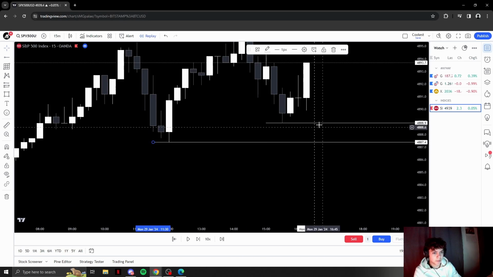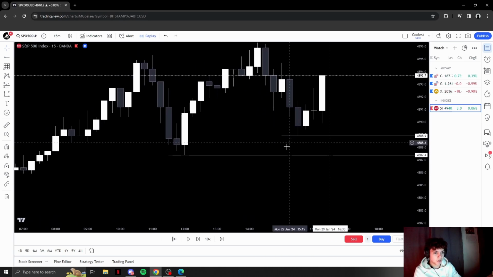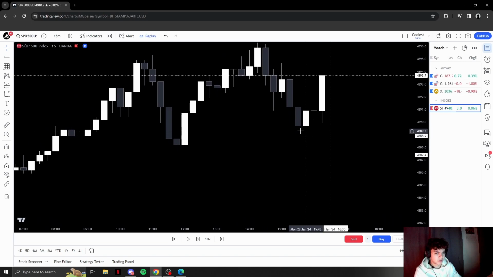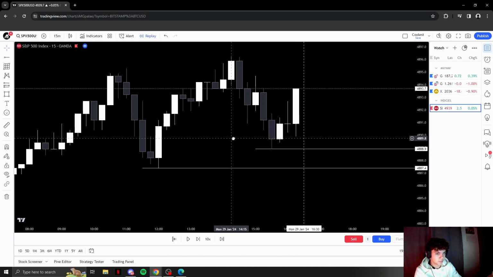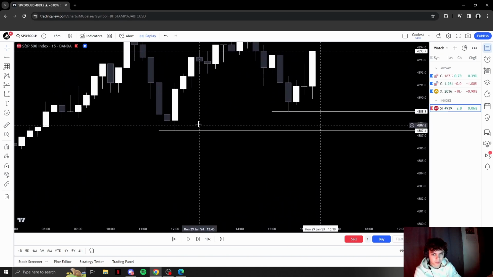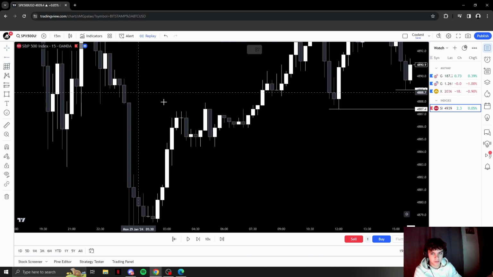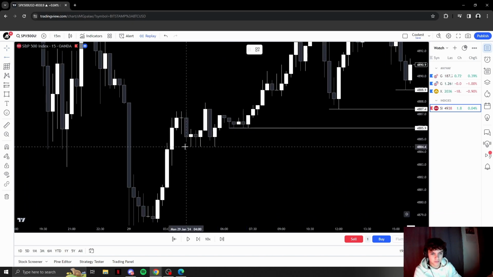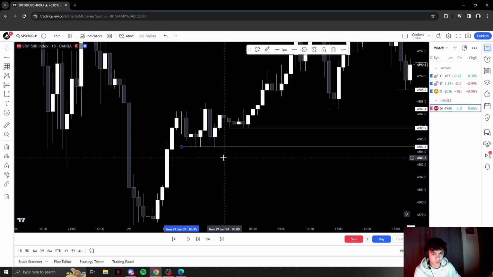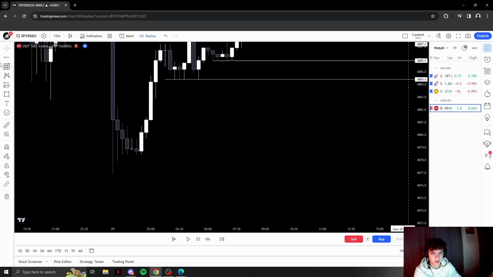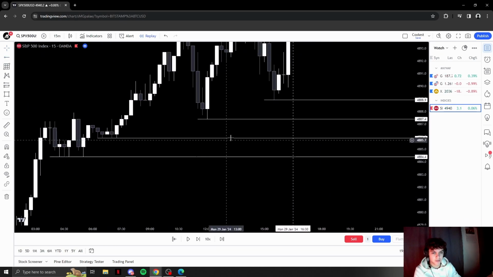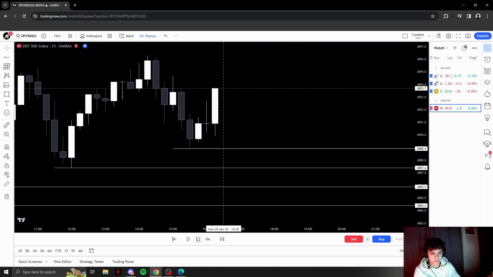I want it to sweep out these areas. As you can see, I mark out everything that has not been swept. This has not been swept. All right, this has not been swept. I take out everything right here. These equal lows, this is an area of liquidity.